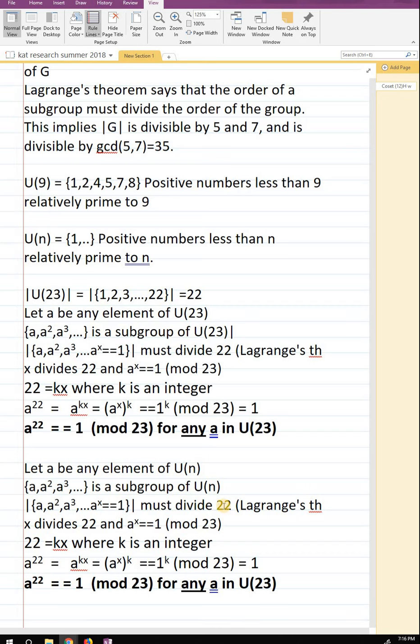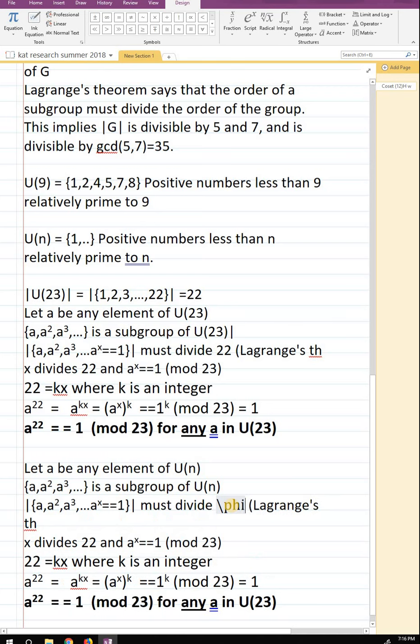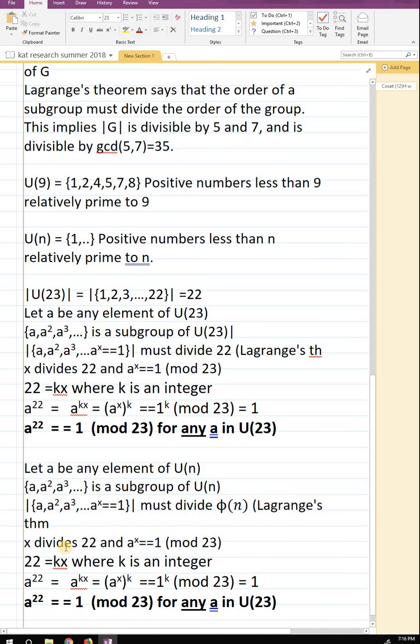All right. So this is, let me just say phi of n. Actually, I can do this. Right. So this is from Lagrange's theorem. So that means x divides, no, it's not 22 anymore, it's this phi of n.